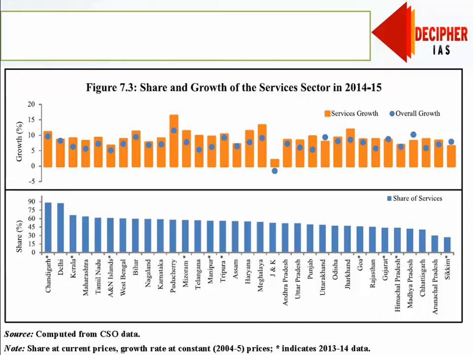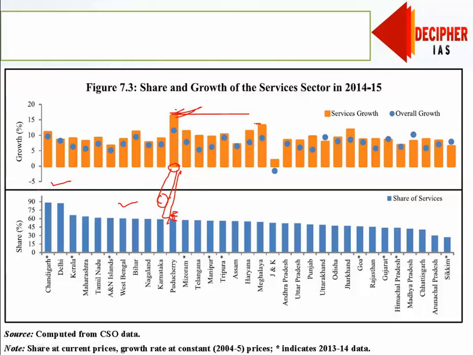Now, if you see the graph, the first graph is of the services growth in various states, and the second graph is of the share of services in the total GSDP of the state. In the first graph, you can see the growth of services is high in Pondicherry. See here, in Pondicherry, you can see the higher growth of services given by this orange or brownish kind of color.